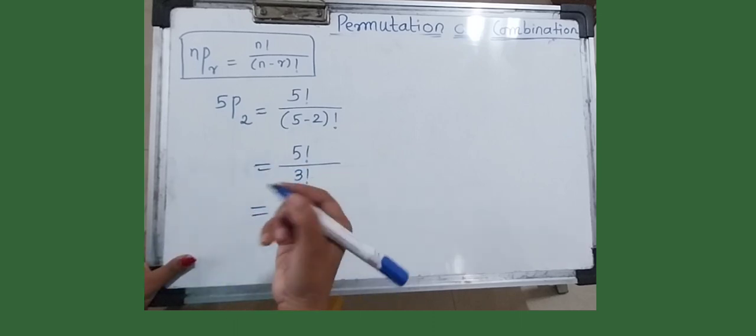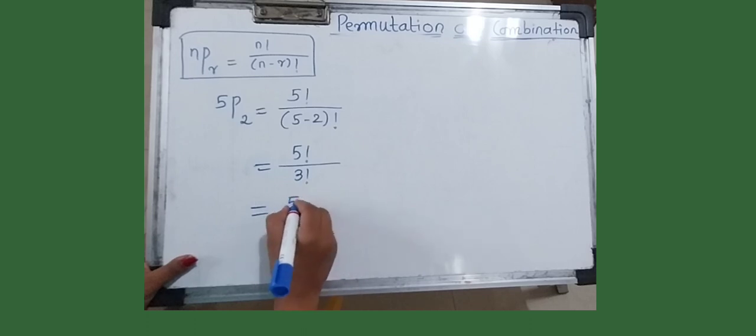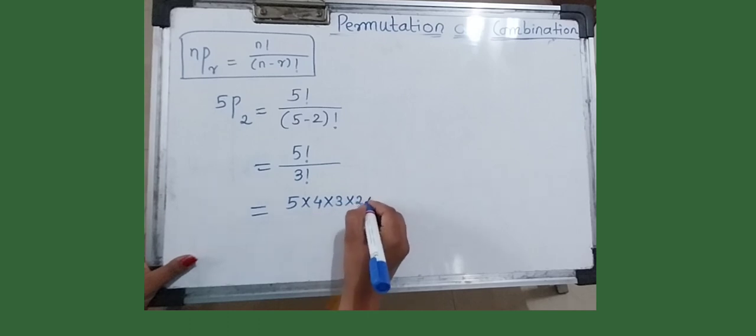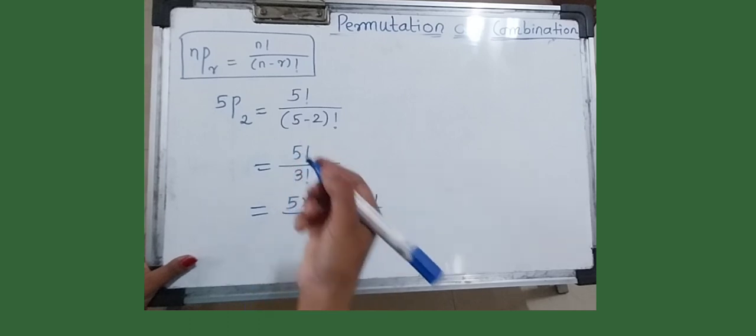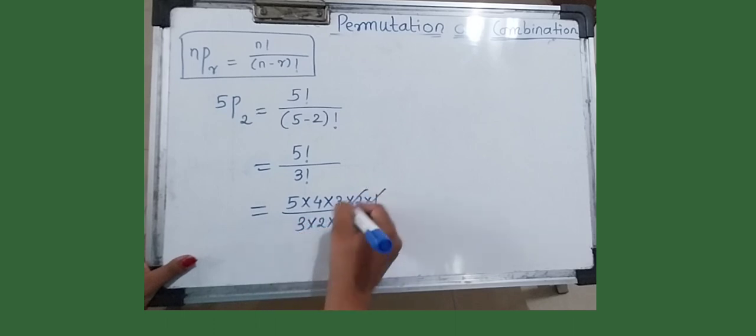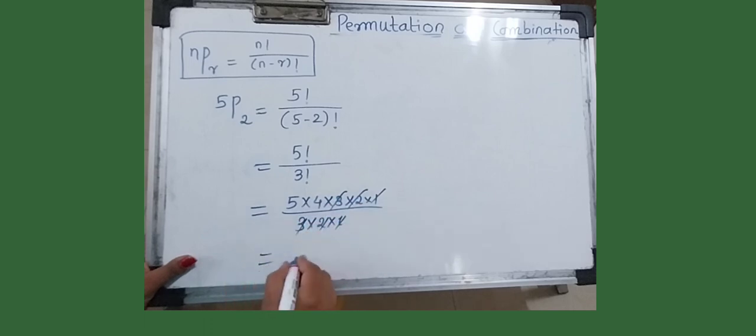Now what to do here? 5 factorial is 5, 4, 3, 2, 1, and 3 factorial is 3, 2, 1. So 3, 2, 1 get cancelled. The answer is 20. So the value of 5P2 is 20.